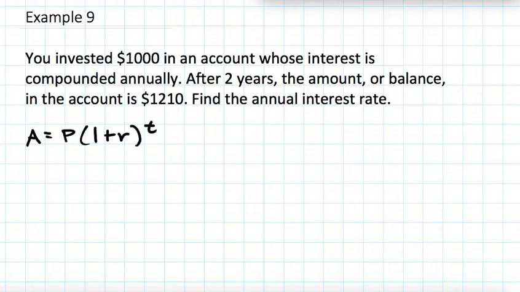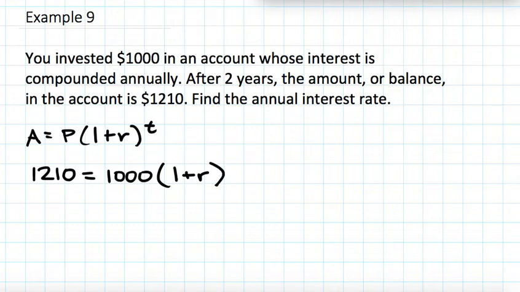I need to identify my variables. Amount in the account is 1,210. Principal, or initial amount invested, is 1,000. Interest rate is what I want to find, so I'm going to leave that as the variable R. And t is 2 years. So what I'm solving for here is R.